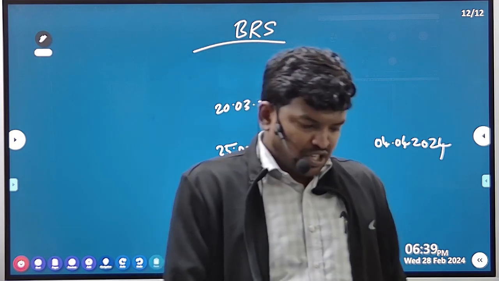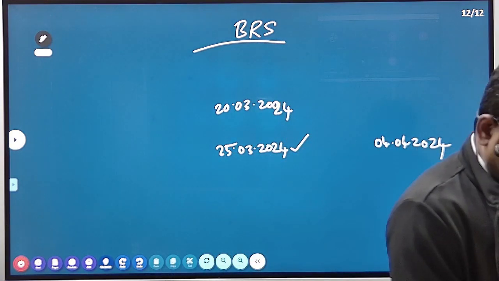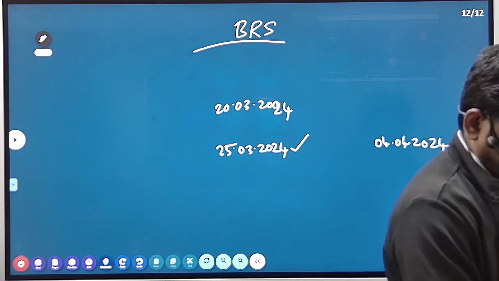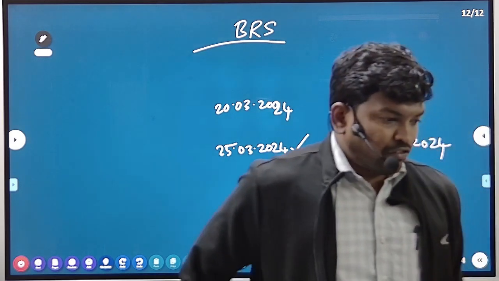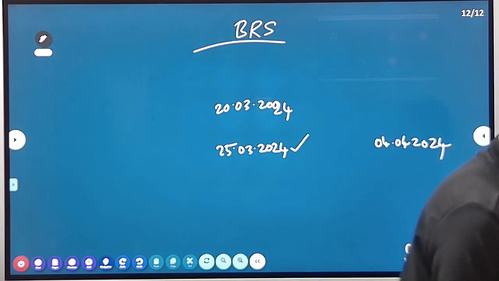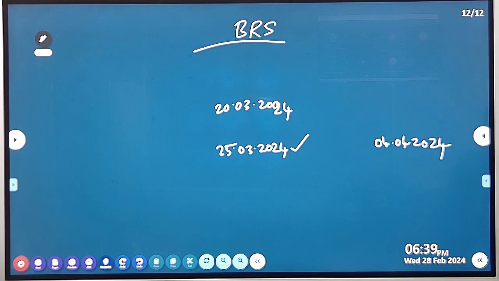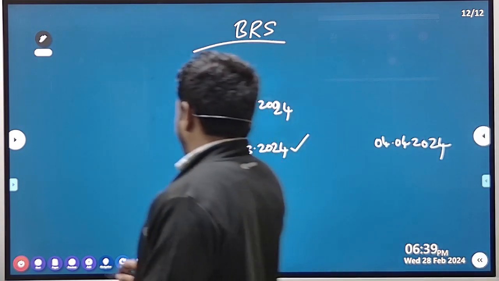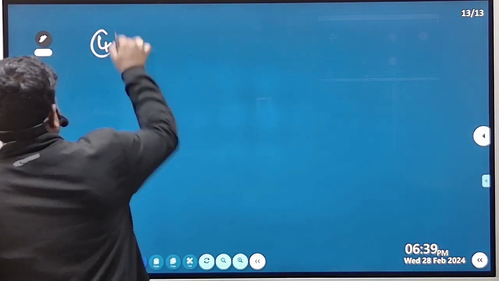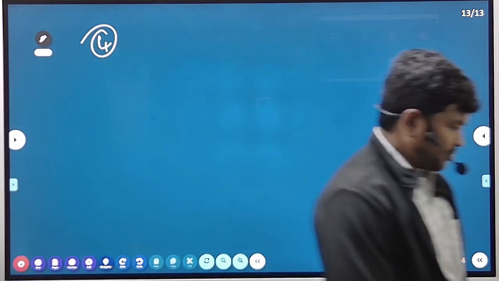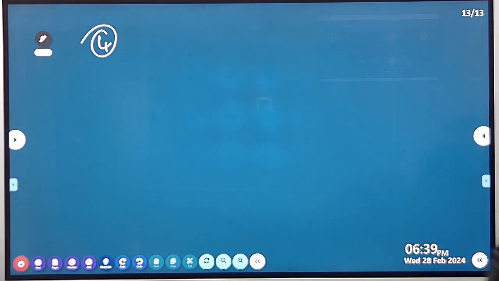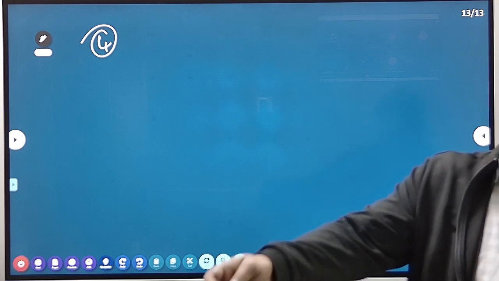Okay, understood the difference na? Now come to sum number 4. Sum number 4. Can you read this sum?